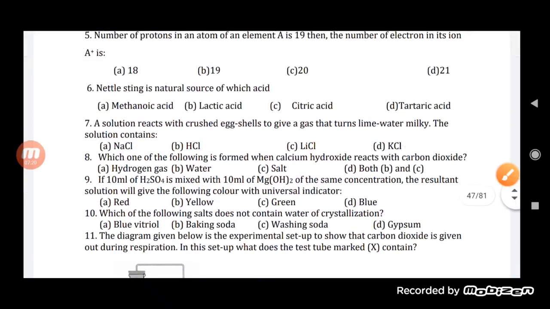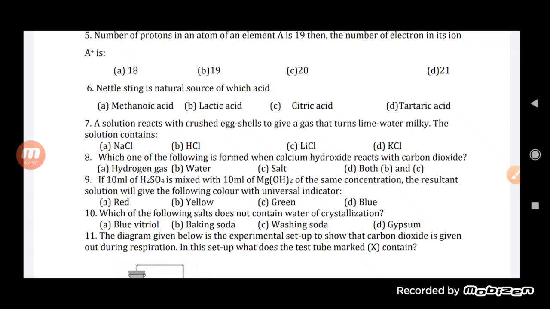Now the next one: a solution reacts with a crushed eggshell to give a gas that turns lime water milky. The solution contains what? The crushed eggshell is calcium carbonate, which reacts with hydrochloric acid and releases a gas that turns the lime water milky.